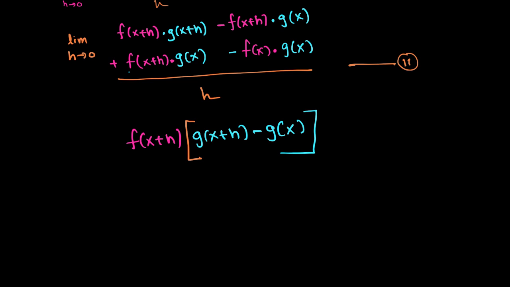And also there's the second part to this function. So we are going to now take g of x common. Because we can see that in this part we have f of x plus h times g of x minus f of x times g of x. So we will be taking this g of x common. So let's do that. So it would be plus g of x, and when I'm taking g of x common, what will happen is we can write this as f of x plus h minus f of x.